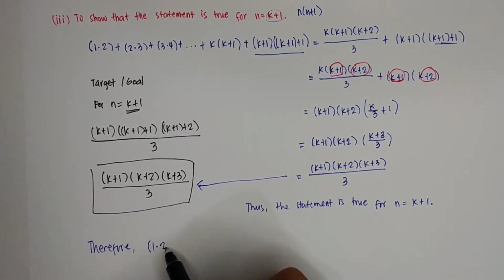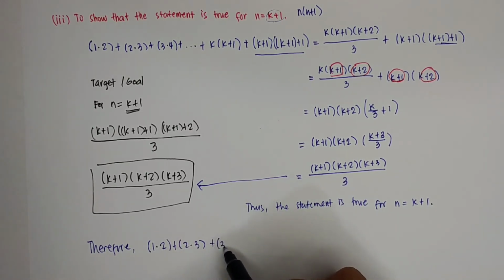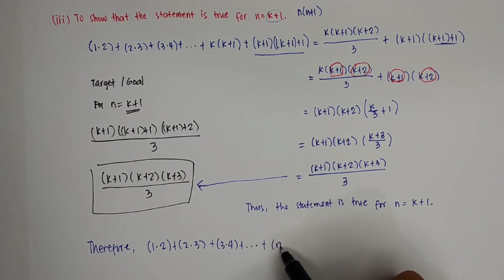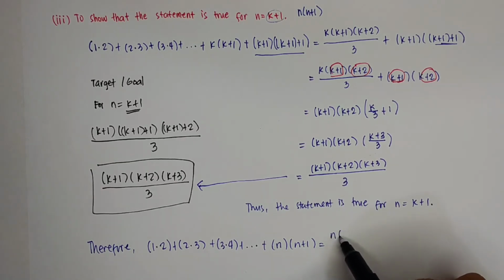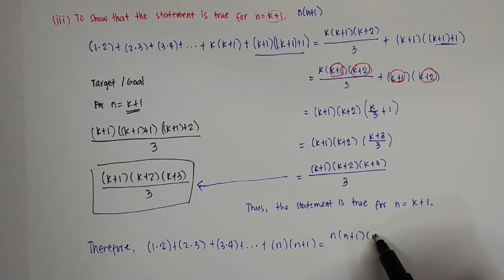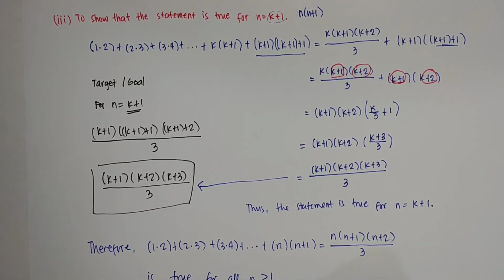Therefore, 1 times 2 plus 2 times 3 plus 3 times 4 plus dot dot dot plus n times n plus 1 is equal to n times n plus 1 times n plus 2 all over 3 is true for all n greater than or equal to 1. Then we have end of proof.